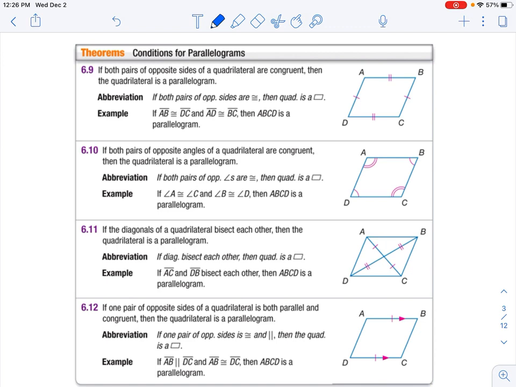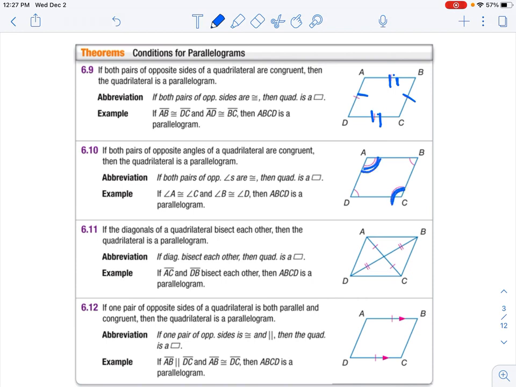So we have theorems, conditions for parallelograms. 6.9: both pairs of opposite sides of a quadrilateral are congruent, then the quadrilateral is a parallelogram. So these guys are congruent, these guys are congruent, then it's a parallelogram. 6.10: if both pairs of opposite angles of a quadrilateral are congruent, then the quadrilateral is a parallelogram.